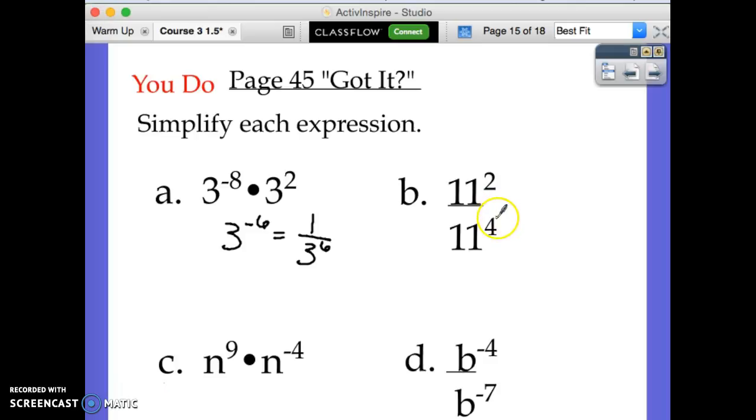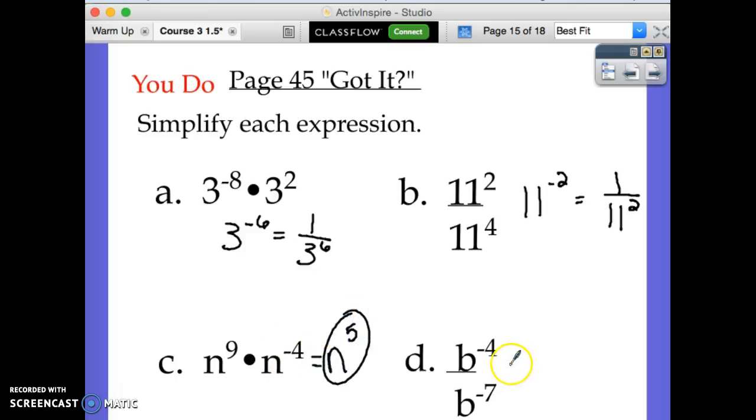Subtracting, 2 minus 4 gives me negative 2, which gives me 1 over 11 squared. 9 plus negative 4 gives me n to the 5th. Negative 4 minus negative 7, there's my plus sign, so that's 3, so b to the 3rd.